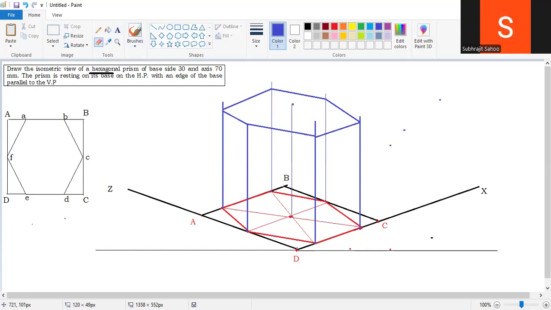Then erase these extra lines. Right. Observe, sir. Then find the center point here, joining here to here. Oh, sorry. Right line.